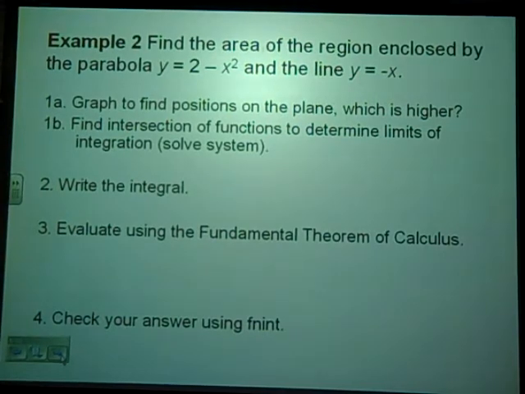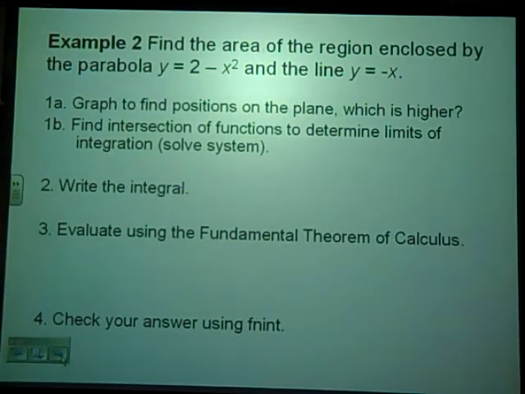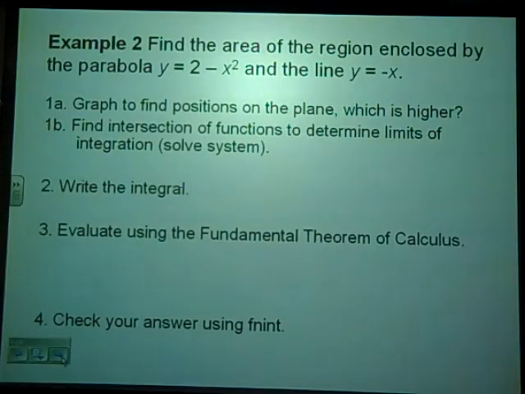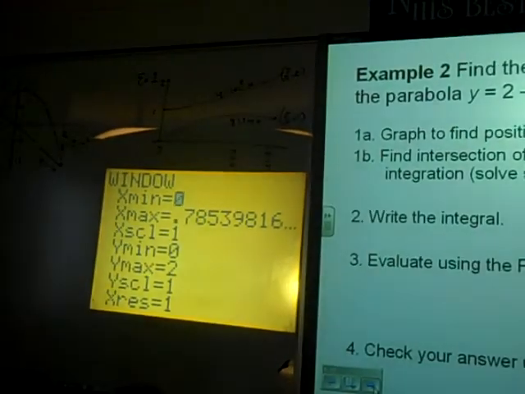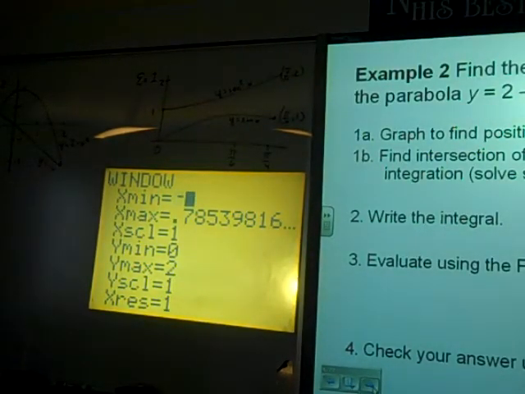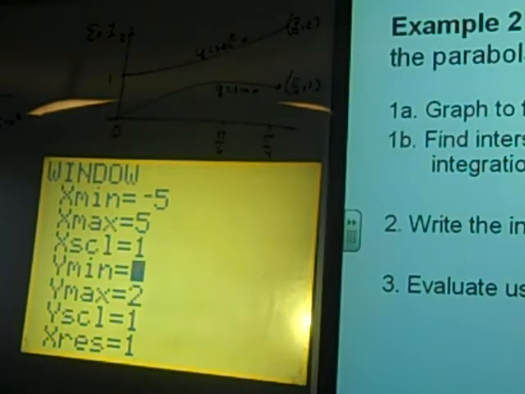Let's try one with the parabola y equals 2 minus x squared and the line y equals negative x. So I'm going to come over here, and I'm thinking probably negative 5 to 5. Give it a check there just to see where that is.